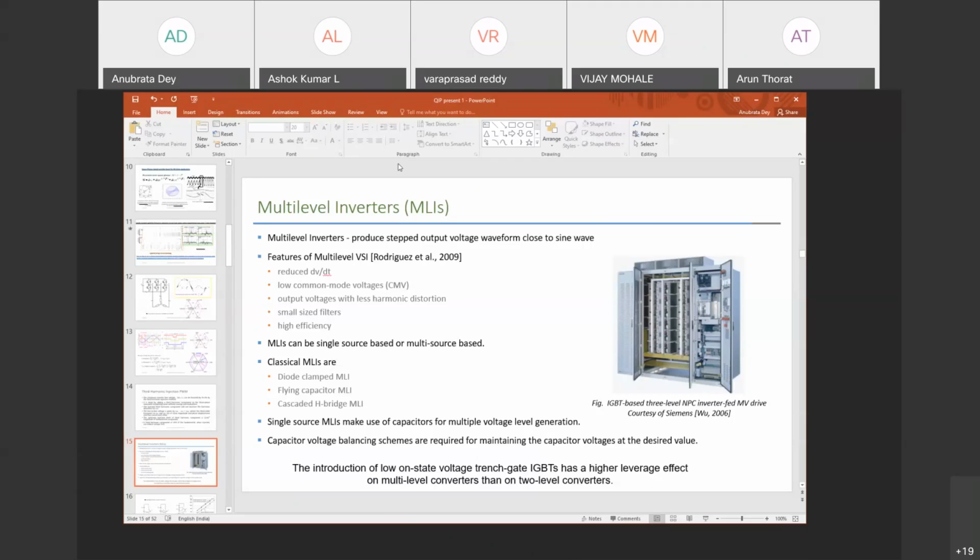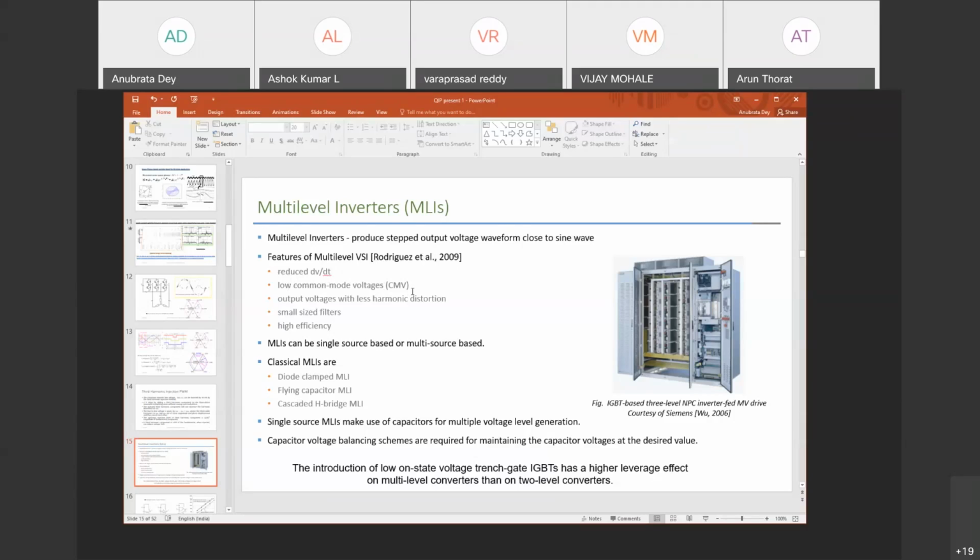But before that, some of the basic features as depicted by many authors, and a leading contributor in this particular domain is Rodriguez. If I quote from there, they have reduced dv/dt, and lower dv/dt contributes to lower switching losses as well. Also low common mode voltage.